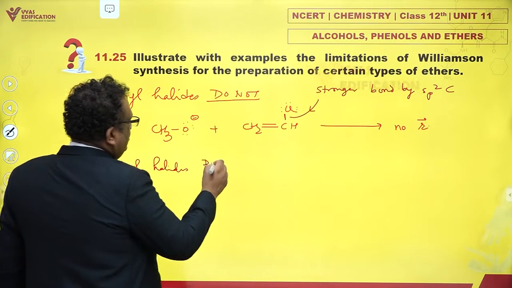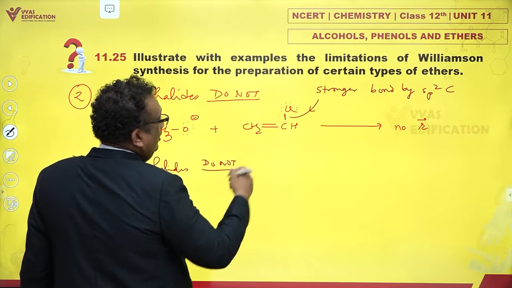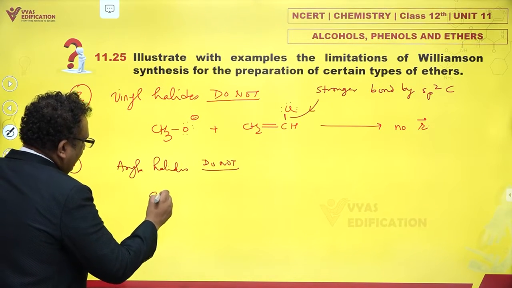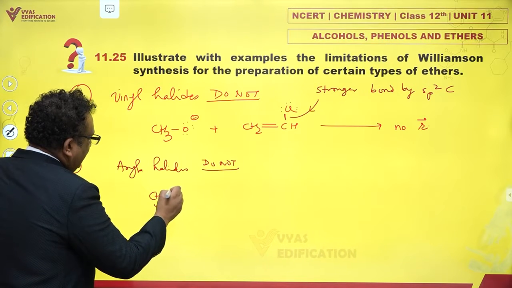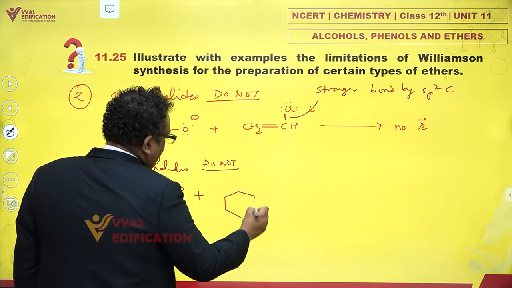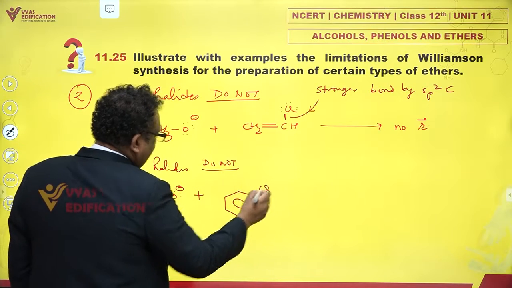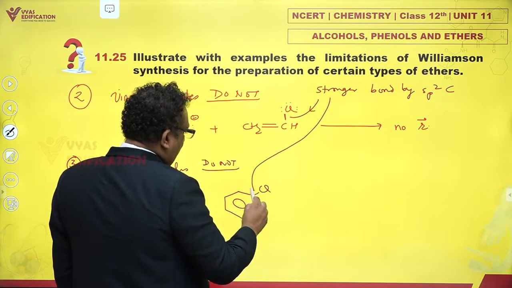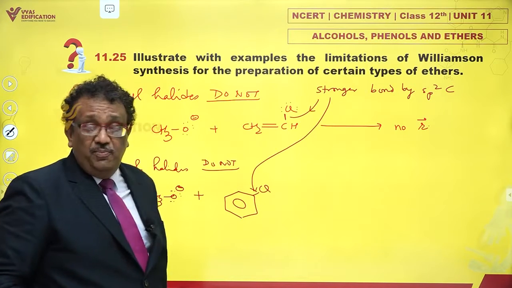In the same fashion, the third point, aryl halides do not undergo Williamson's synthesis. CH3O minus once again, plus say you have chlorobenzene. Again, this bond is stronger. It doesn't break.